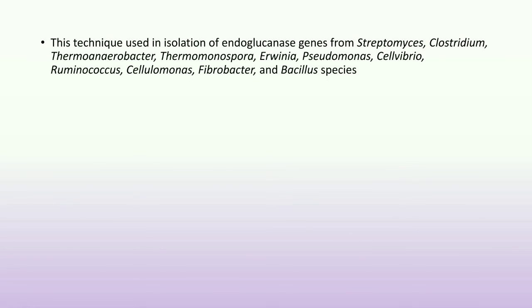This technique is used to isolate the endoglucanase gene from a number of bacteria such as Streptomyces, Clostridium, Thermoanaerobacter, Thermomonospora, Erwinia, Pseudomonas, Cellulomonas, Fibrobacter and different Bacillus species. It is also obtained from Butyrivibrio and Ruminococcus as well.